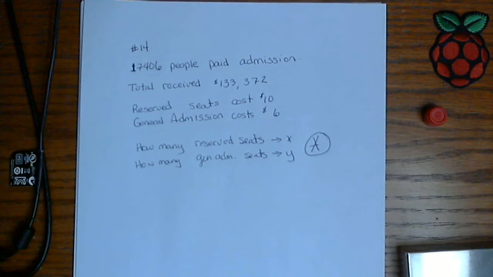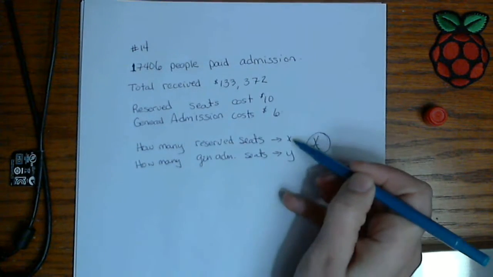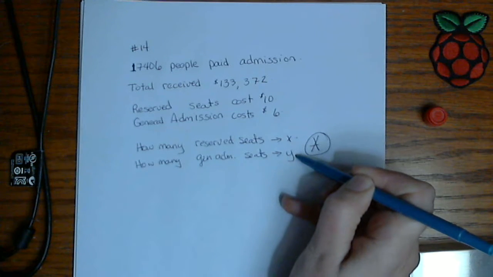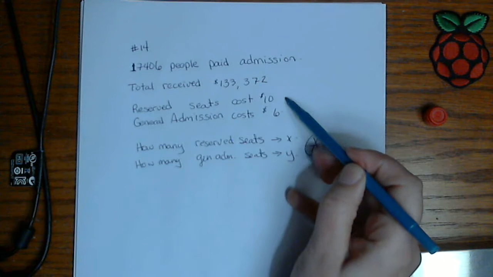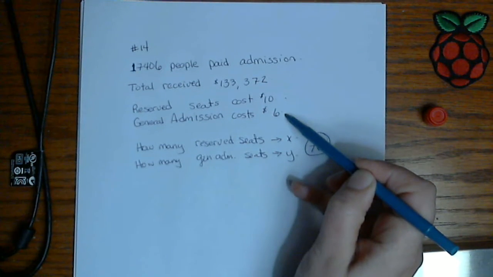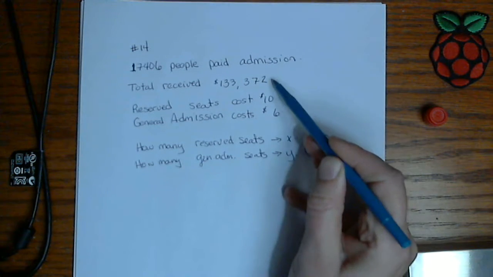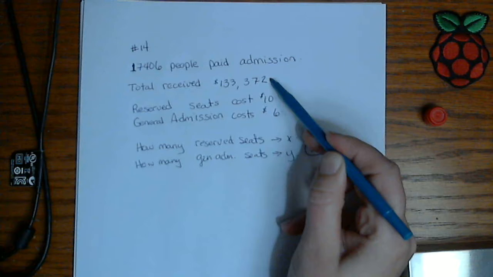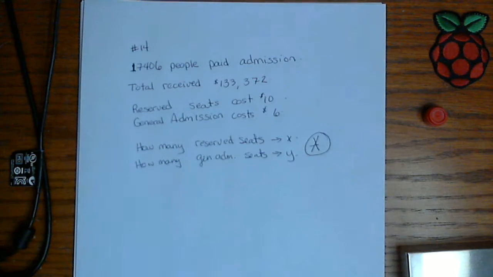Okay, so we know that we want to know how many reserved seats there were and how many general admission seats there were. And we know that the reserved seats cost $10 and the general admission seats cost $6, and that the total received was $133,372. Boy, this is a whole lot of information, right?